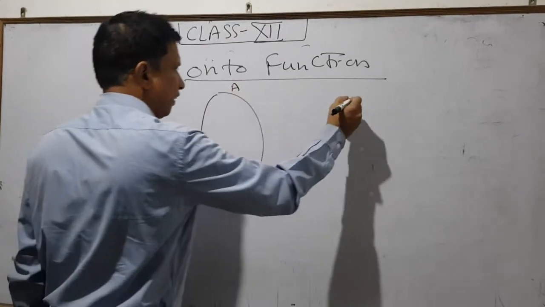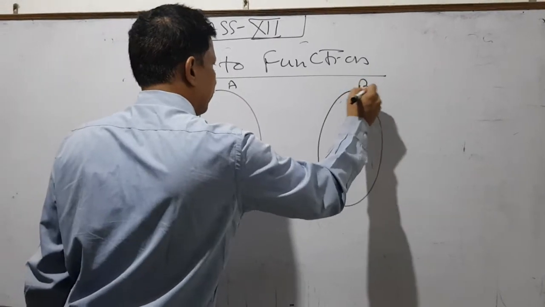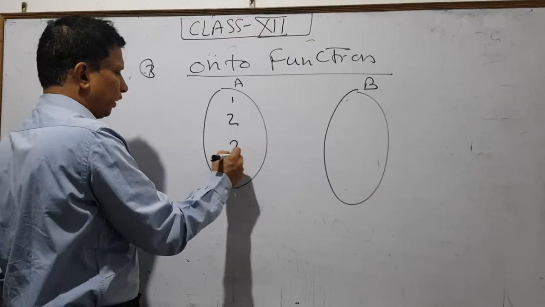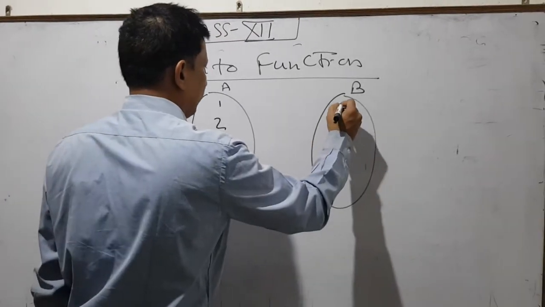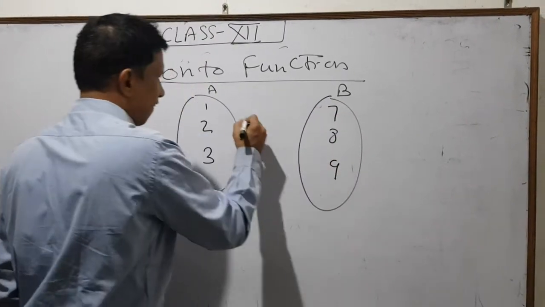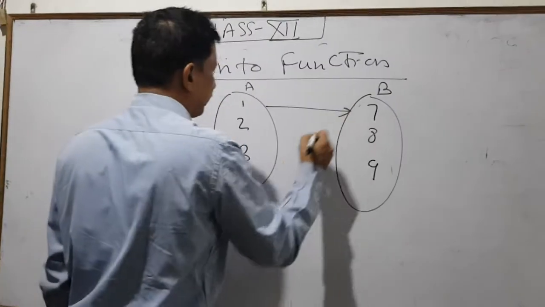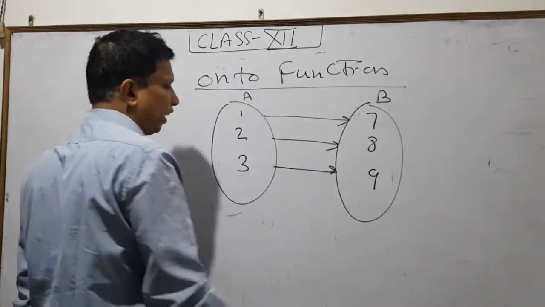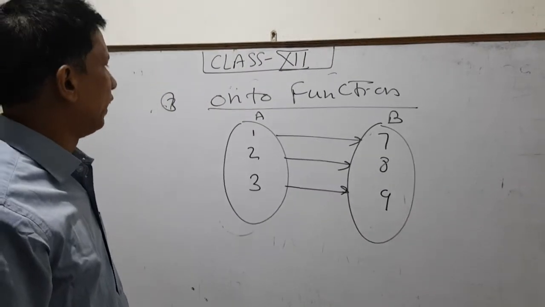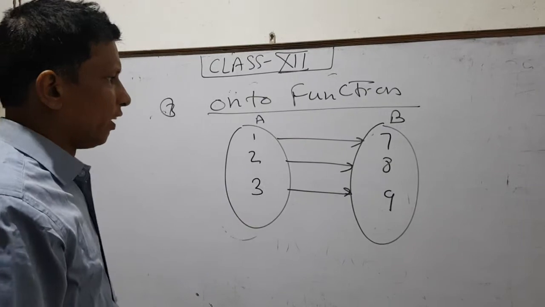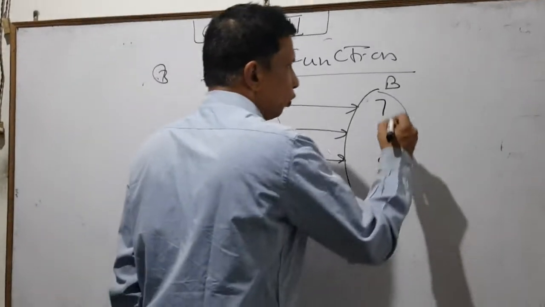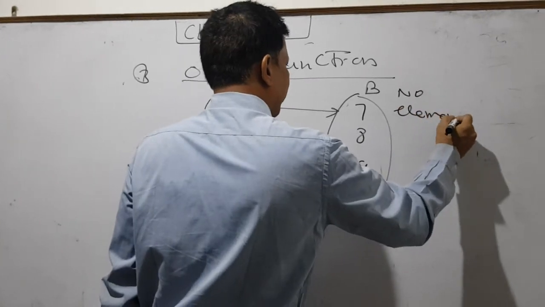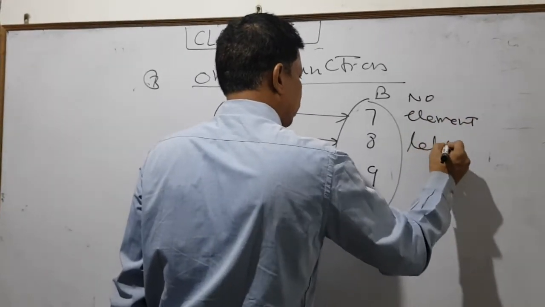That is A and this is B, and the elements of A are 1, 2, 3, elements of B are 7, 8, 9. 1 is related to 7, 2 is related to 8, 3 is related to 9. This is known as onto function. In onto function, no element is left in B.